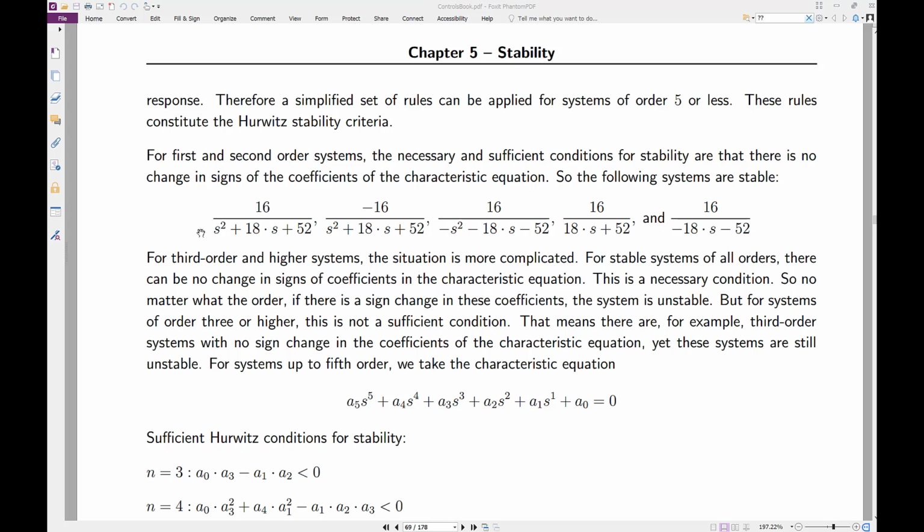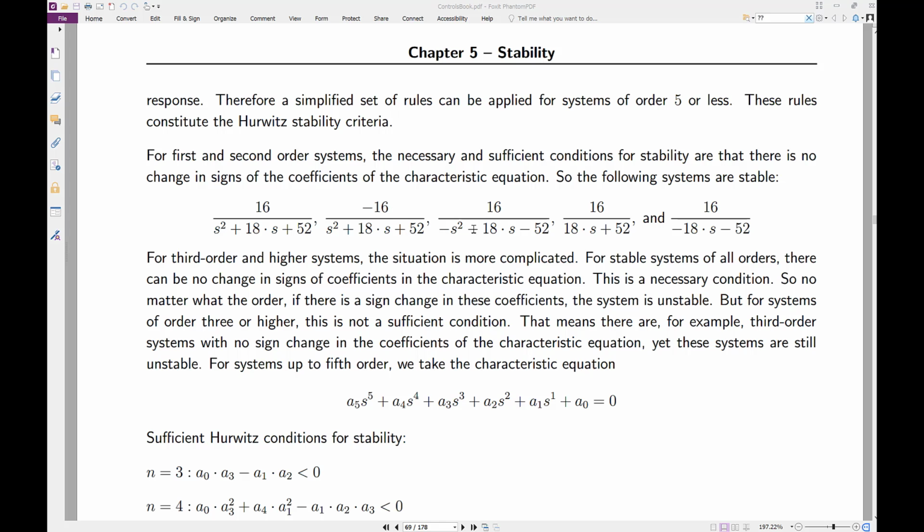So all of the coefficients in the first transfer function are positive. There's a positive 1 here, which we don't write, then plus 18, plus 52. Here we have the same thing, although we have a negative on top. But as I said, that does not determine whether the system is stable or not. It just determines which way it's going to go when you put a positive step in.